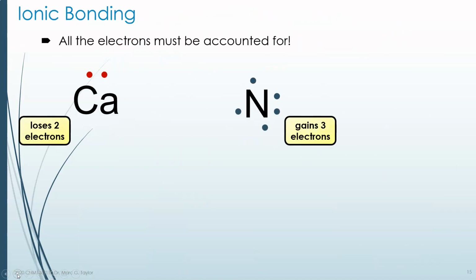So in ionic bonding, sometimes you're going to have charges that don't match up. Calcium has 2 valence electrons. It wants to lose 2 and become a Ca2+ ion. Whereas nitrogen wants to gain 3 electrons. It has 3 spots left to fill that octet.